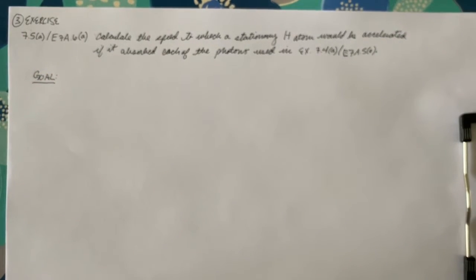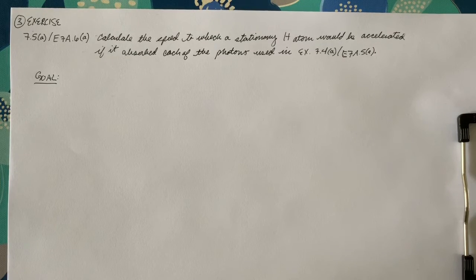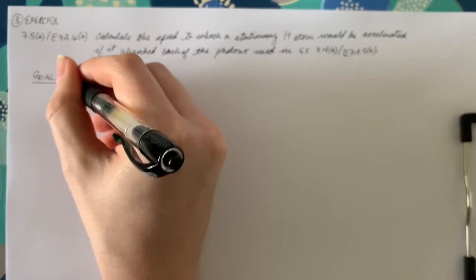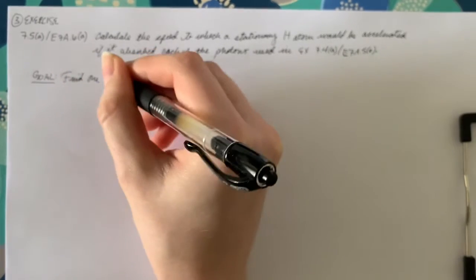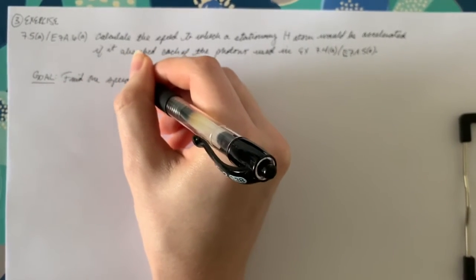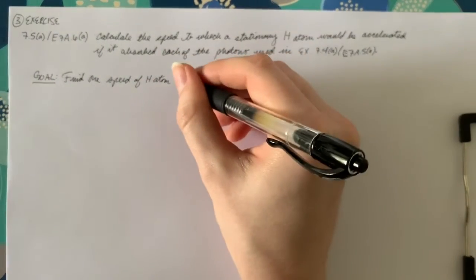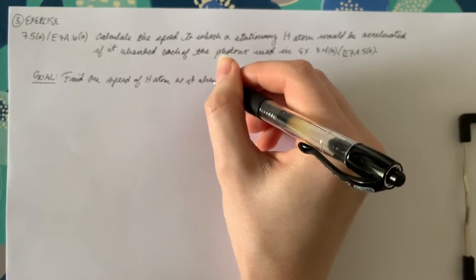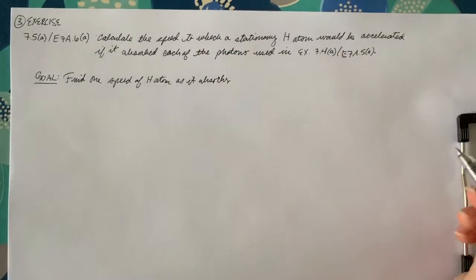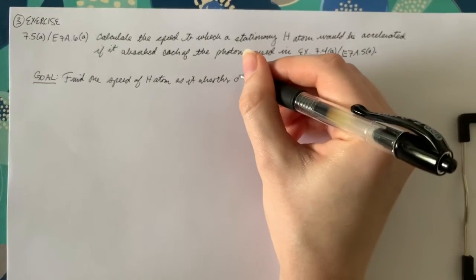The goal is basically to find the speed of a hydrogen atom as it absorbs different photons.